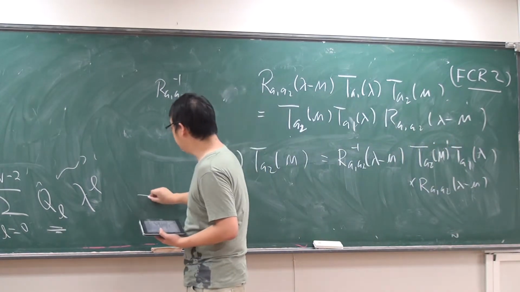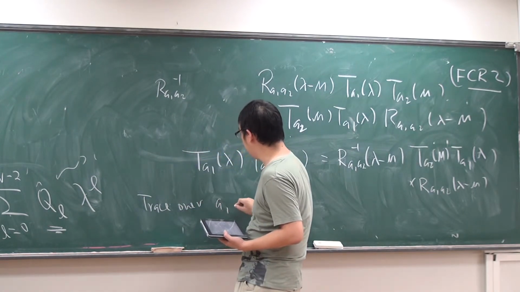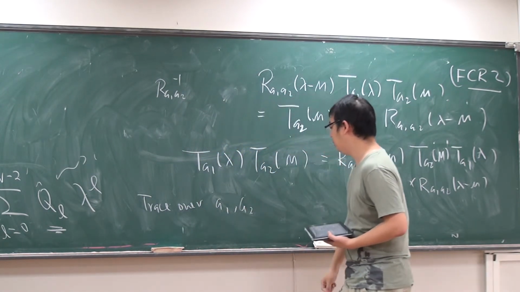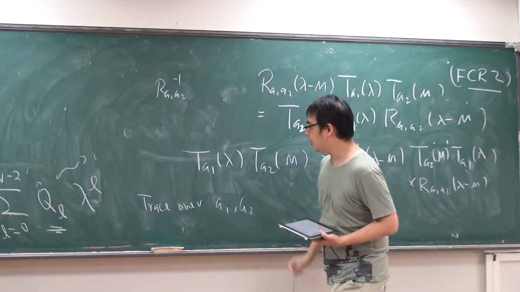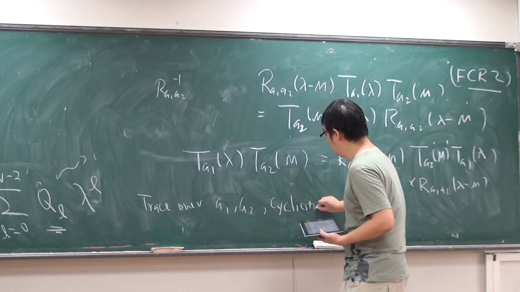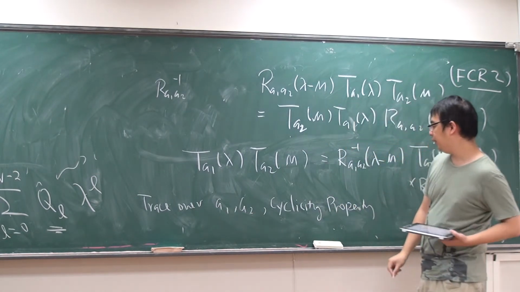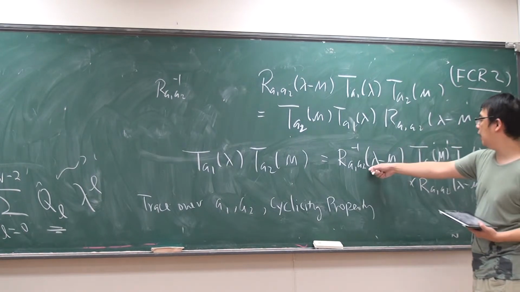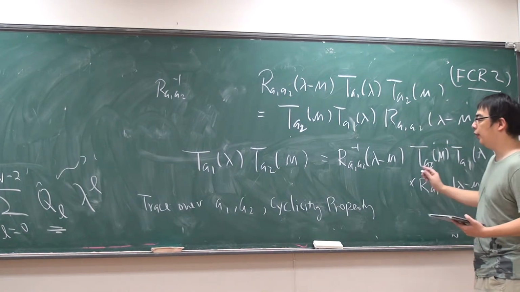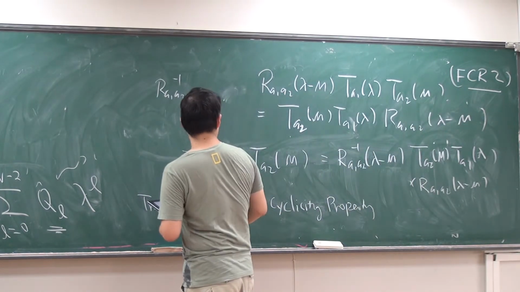But now if you trace over both A1 and A2, and if you use the cyclicity properties of the trace, then basically this one cancels with this one in a trace. You can use cyclicity to prove that.